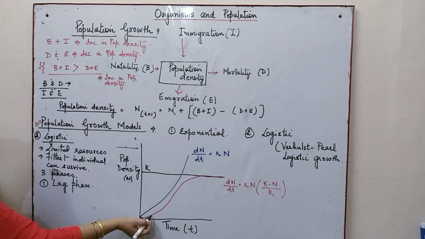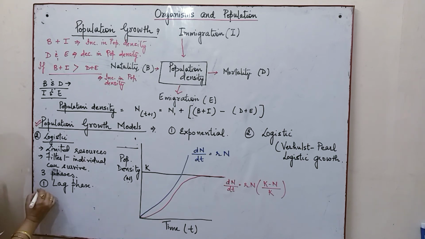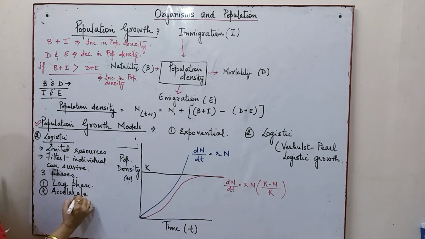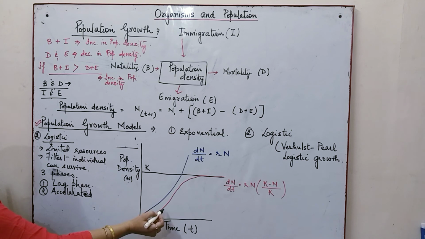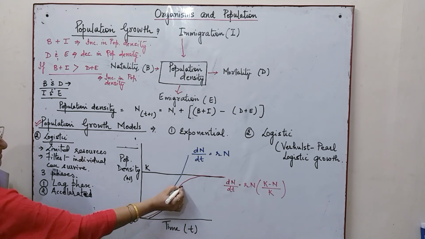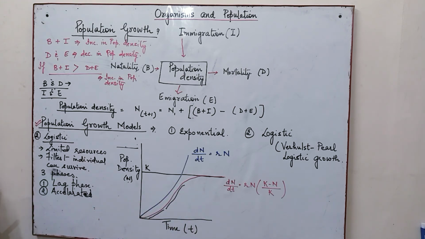It is a gradual increase followed by the accelerated phase. Over here we can see this is the lag phase. Now here there is an increase in the population density, that means the accelerated phase.